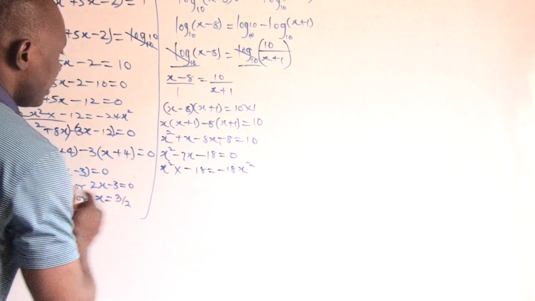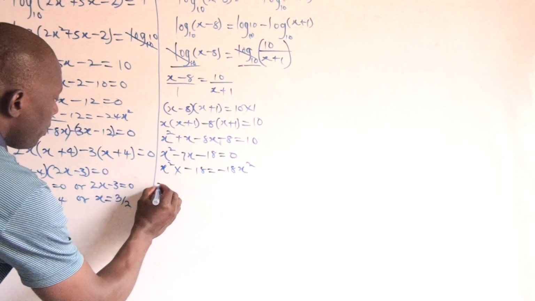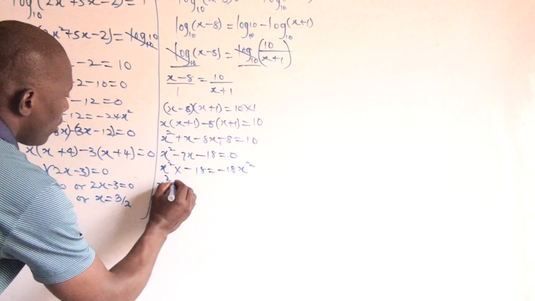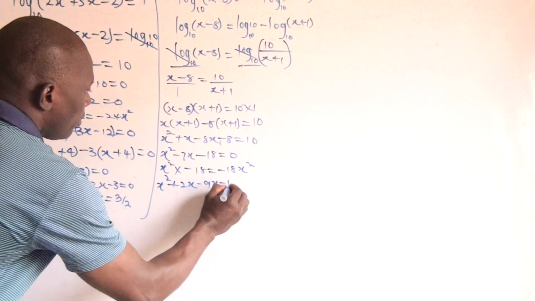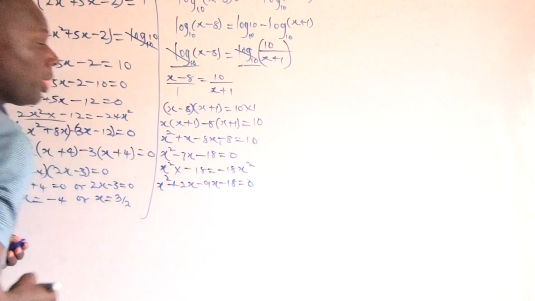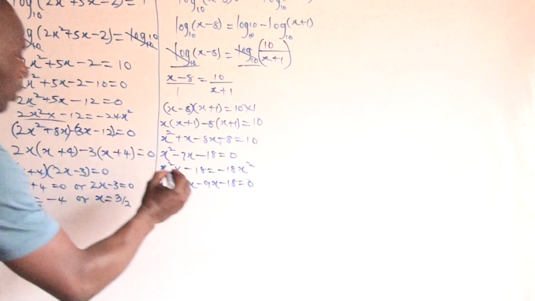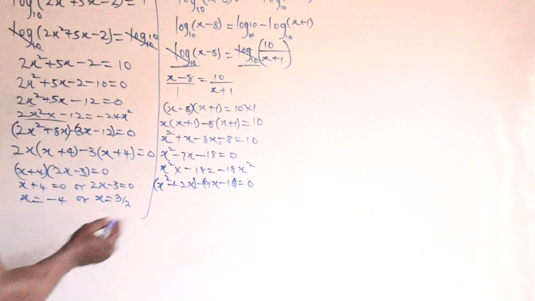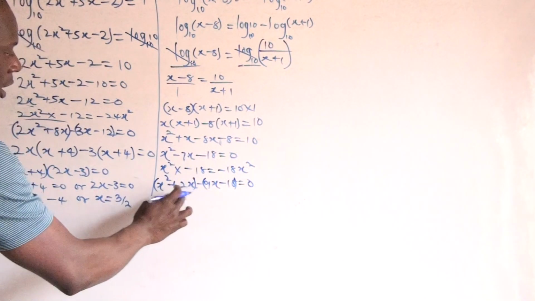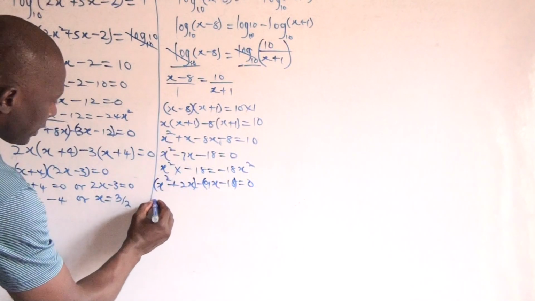So here this becomes x squared plus 2x minus 9x minus 18 is equal to 0. So we group them in twos. The common factor of x squared plus 2x is just x.